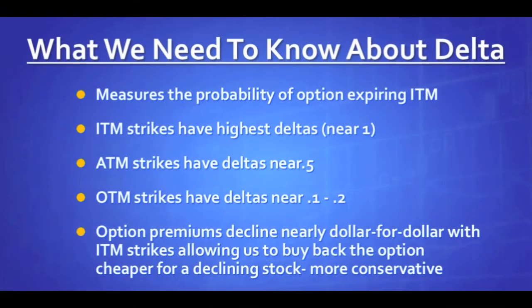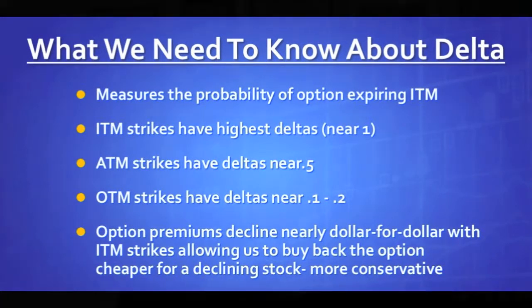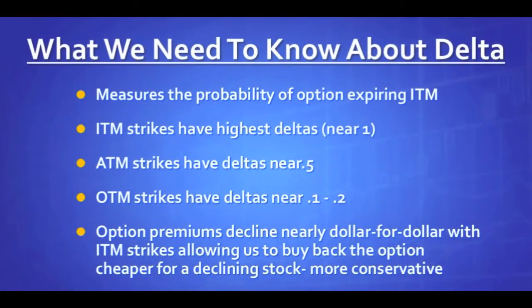Here's what you need to know. In the money strikes have the highest deltas, approaching 1. At the money strikes, where you buy a stock for 50 and you sell the 50 strike, have deltas near 0.5. And out of the money strikes have deltas near 0.1 to 0.2. The lower it gets, the further out of the money the strike price goes.